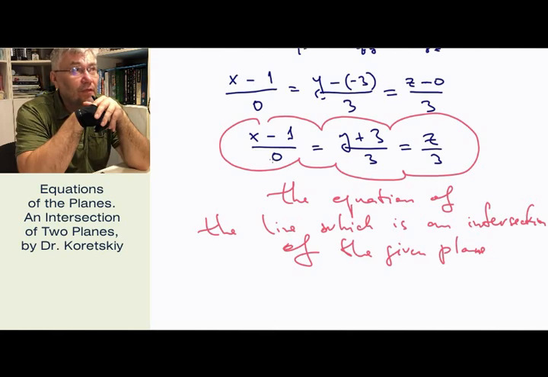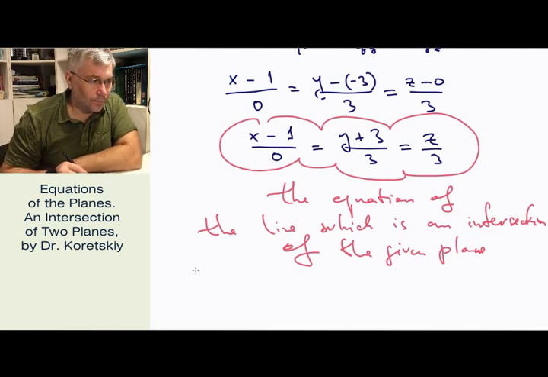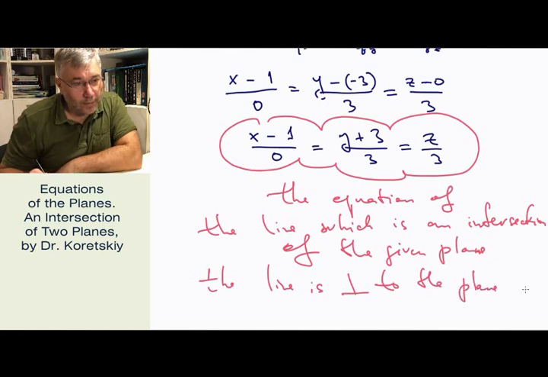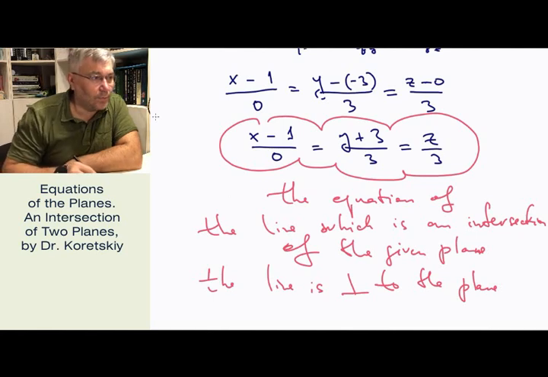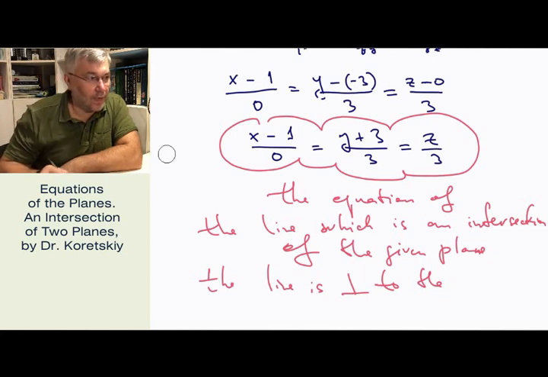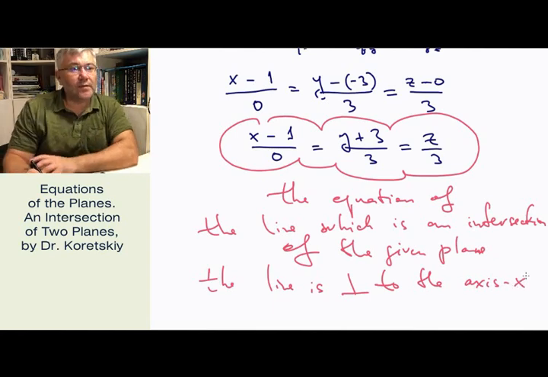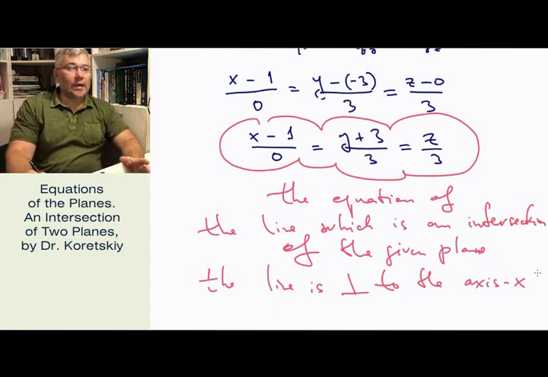It means that this vector belongs to the plane which is perpendicular to the axis x. So our line is perpendicular to the axis x, since this component is 0.